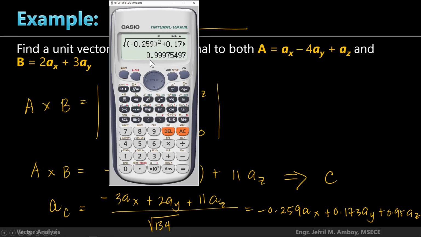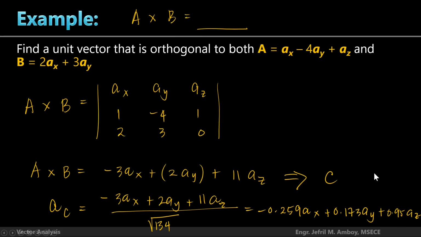Okay, so we're able to get this answer, 0.9997, which is obviously very close to unity. So again, we're not able to get an exact answer of 1 because here we rounded our answers to 3 decimal places, and the last term is rounded to 2 decimal places.